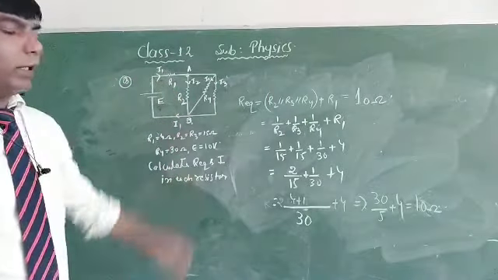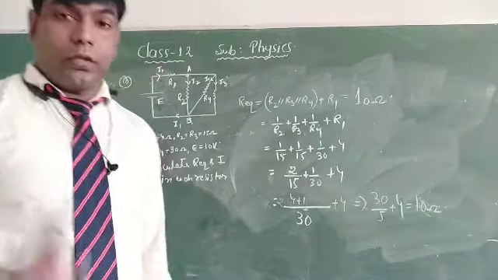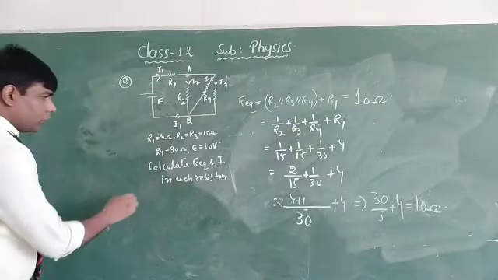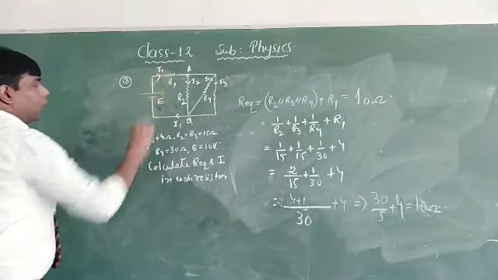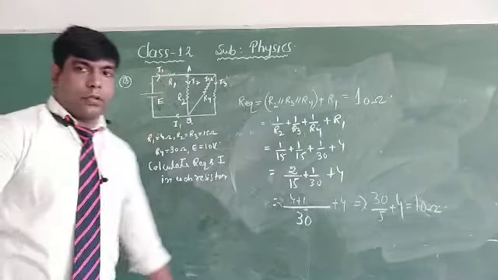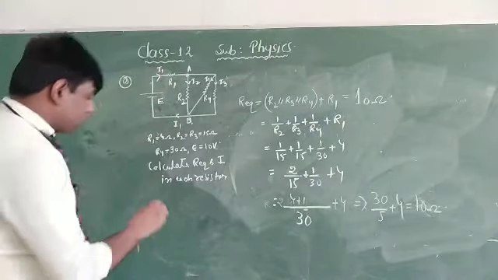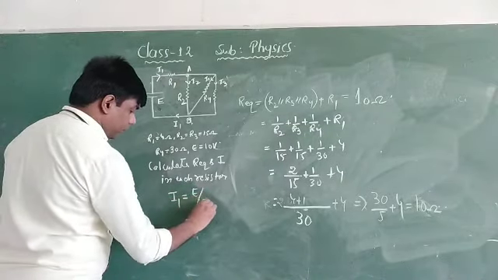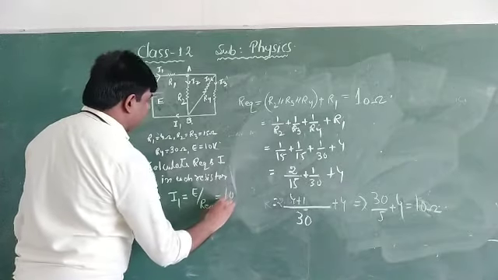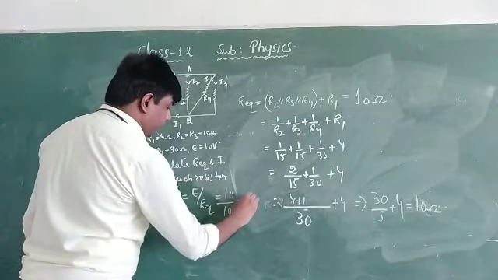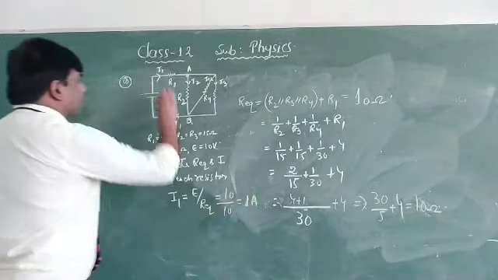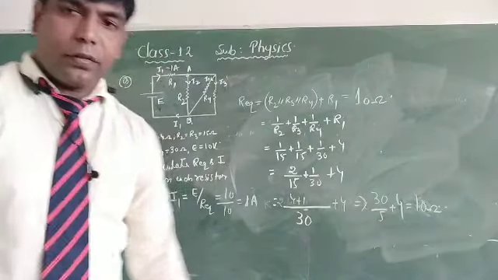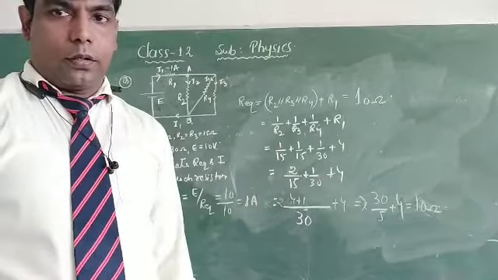Now we have to calculate the current in each branch, right? For that, current I1, right? It is the total current, so we can write that the current in the resistance R1 will be how much? 1 ampere.